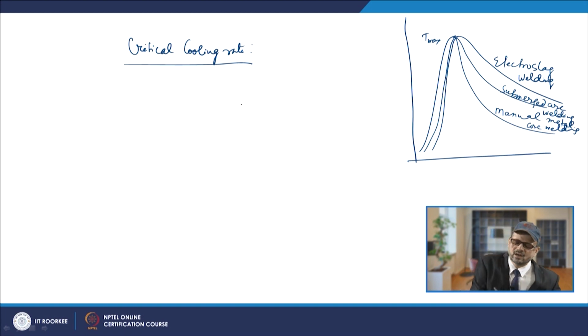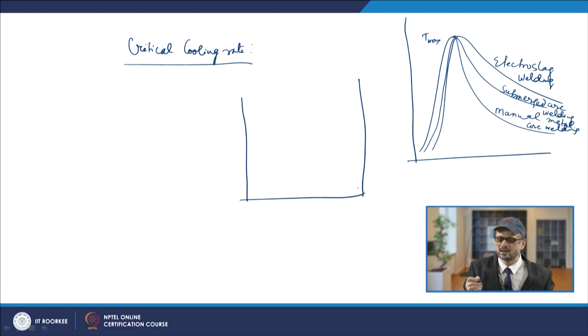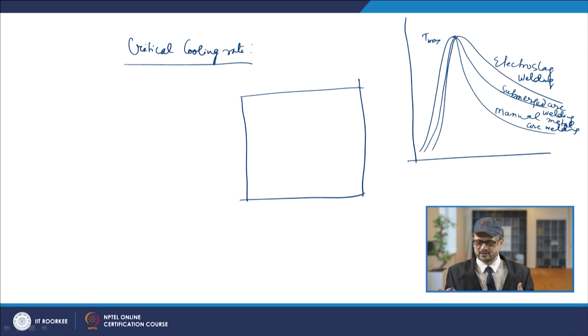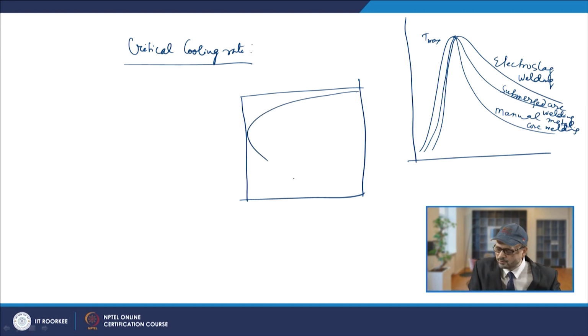Otherwise, if the cooling rate is not up to that standard, it can be seen by looking at the TTT curves, and your TTT curve goes like this. So, you will have the transformation start and then transformation finish, which we have seen.